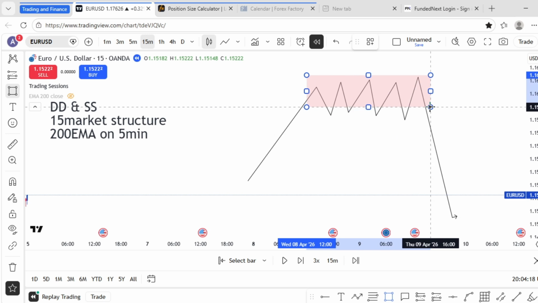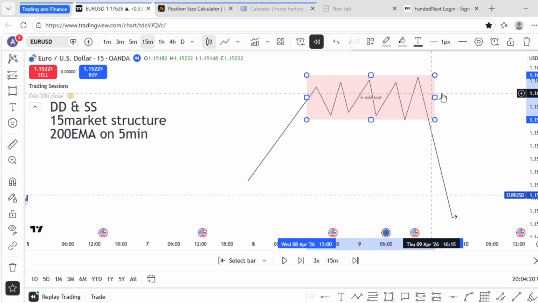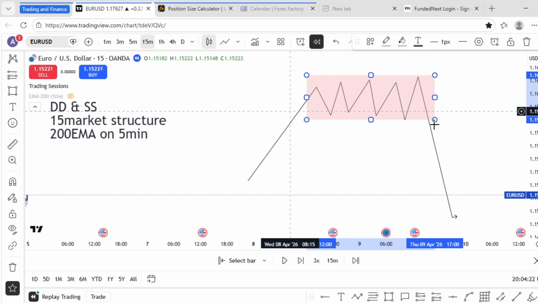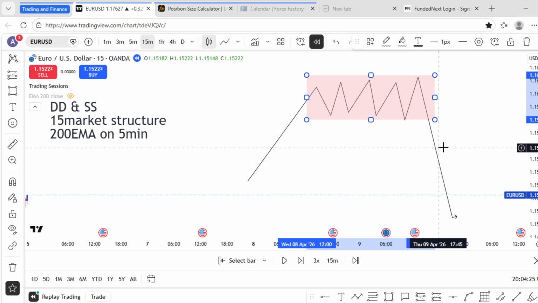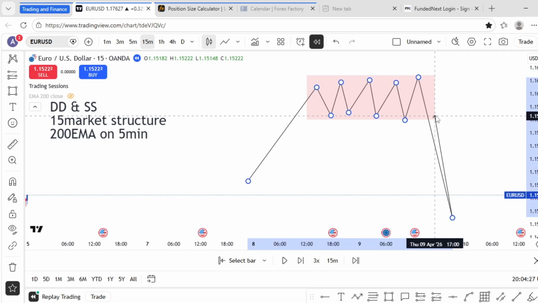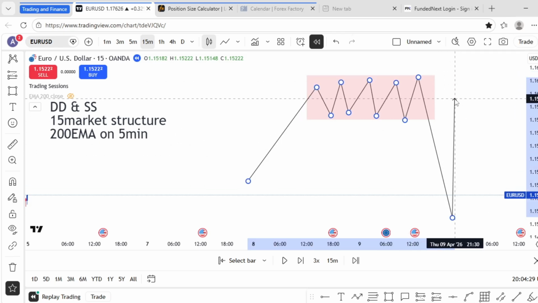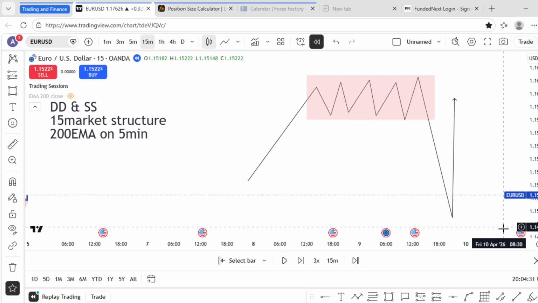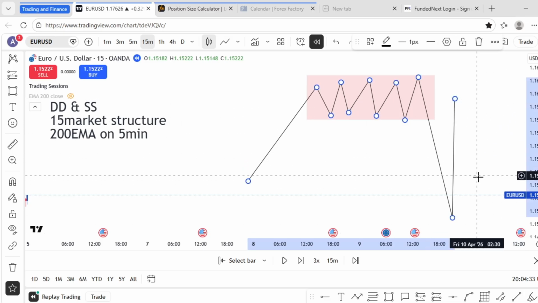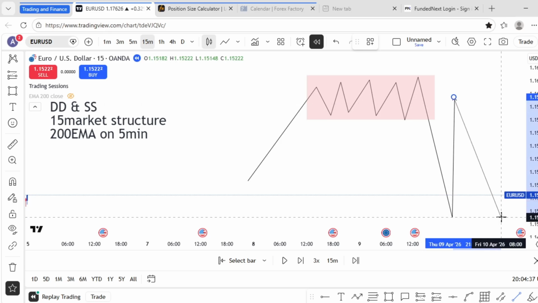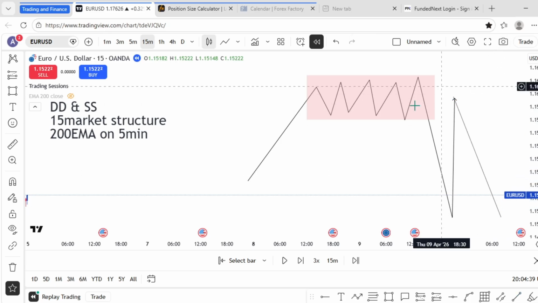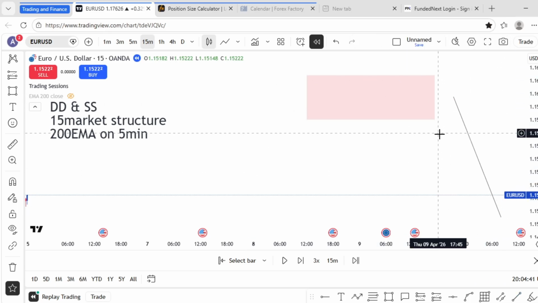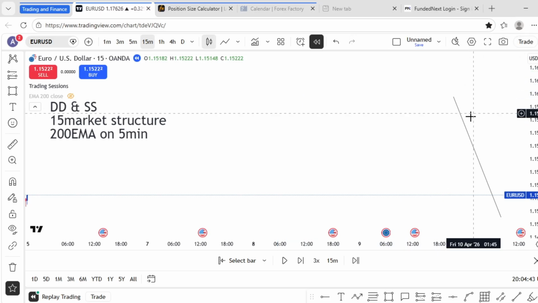This accumulation here becomes the supply zone, and you want to wait for price to come back into the supply zone, and then you take an entry from there. Yes, that's simple demand and supply zone. When we go into the chart, you'll understand.